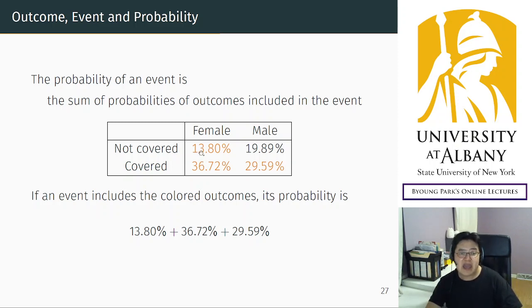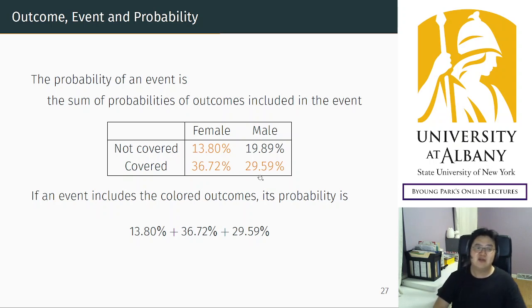So an event contains some of these 4 outcomes. For example, think about these colored outcomes. Suppose that you are interested in this event, then the probability is the sum of these, right?